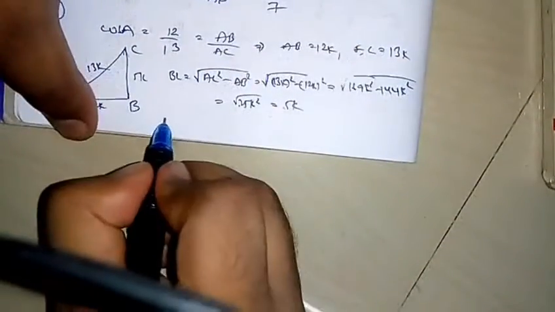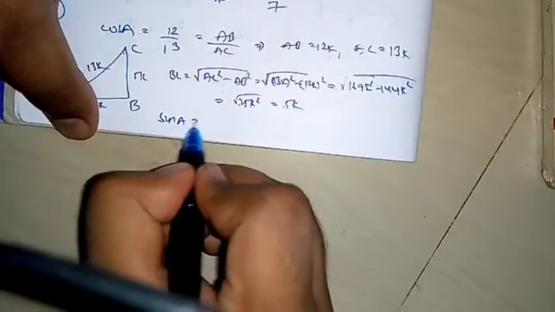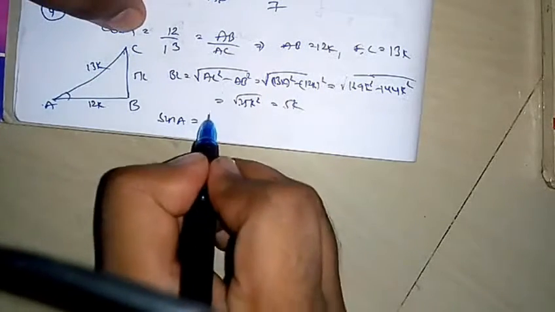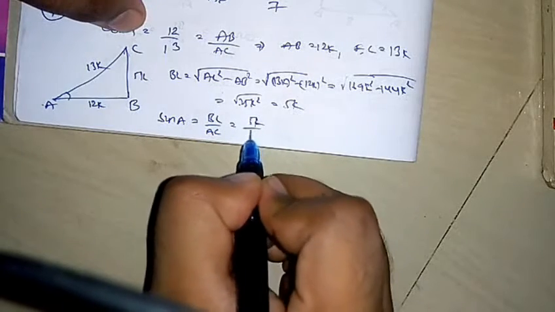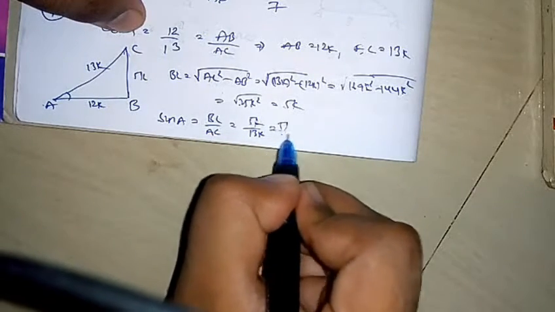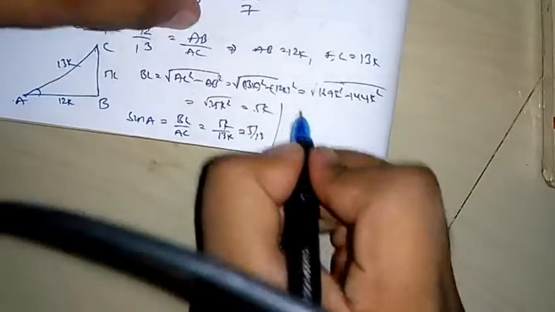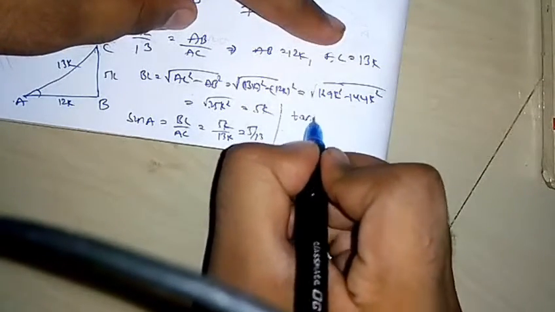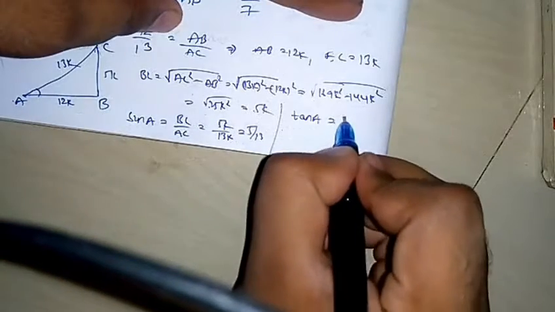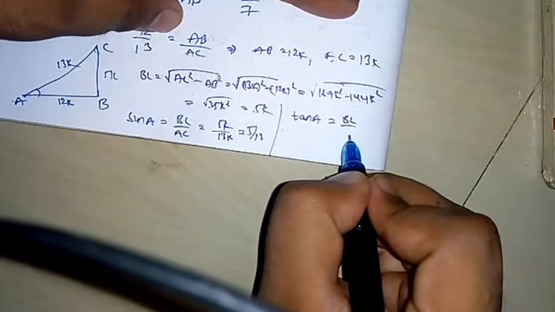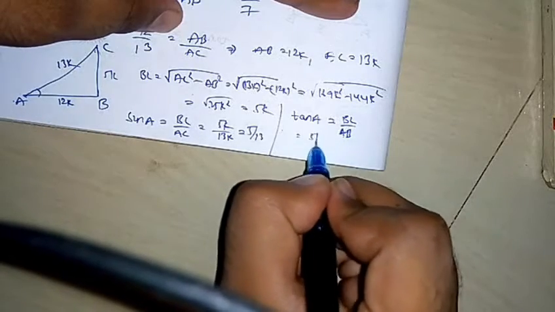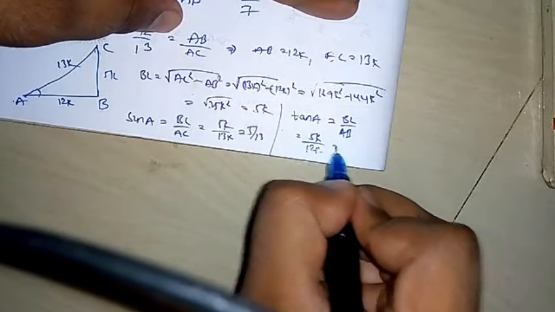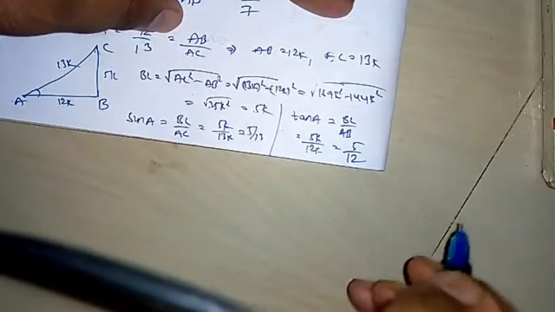Now we are asked to find sin A. Sin A will be equal to opposite side BC by hypotenuse AC, which is 5K by 13K, equal to 5 by 13, and tan A will be equal to opposite side BC by adjacent side AB, which is 5K by 12K, or 5 by 12.